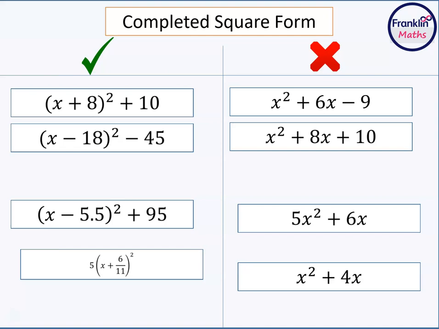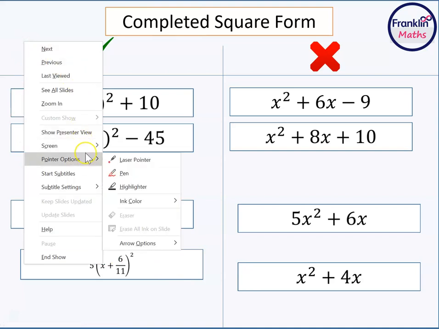Okay, so I want you to look carefully at both sides there. Can you get a rough sort of rule in your mind of what complete the square form looks like? So you've got some examples on the left, and some non-examples on the right.